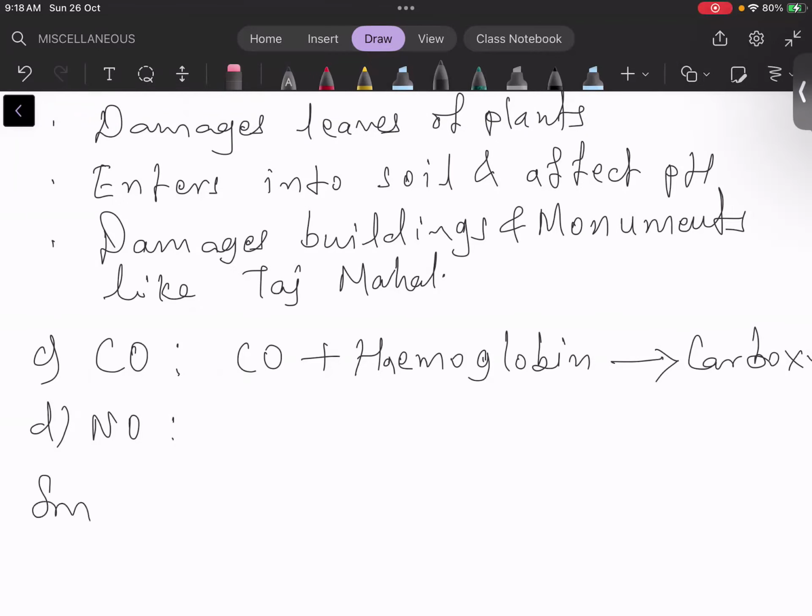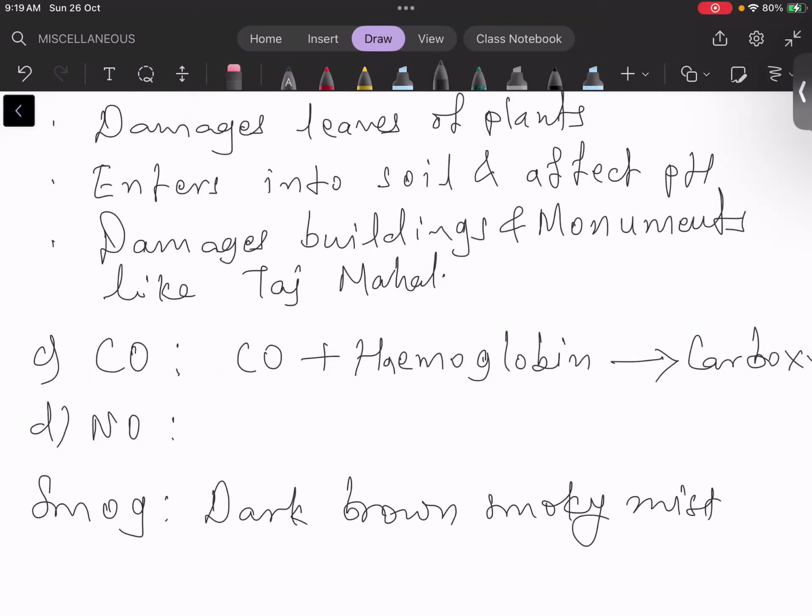Okay. The next part is smog. What is smog? It is a dark brown smoky mist that occurs in cold weather.